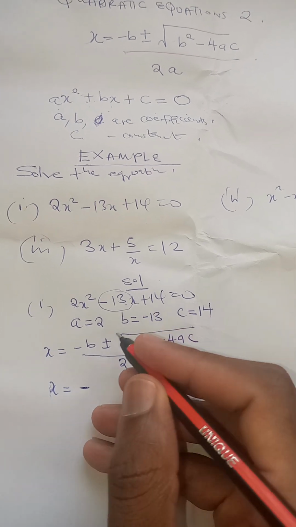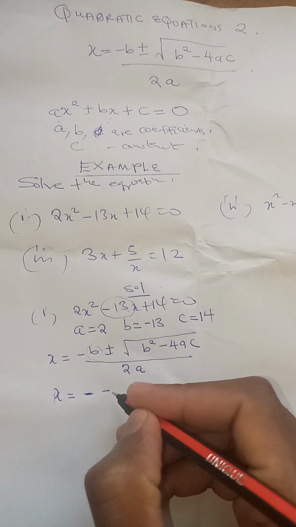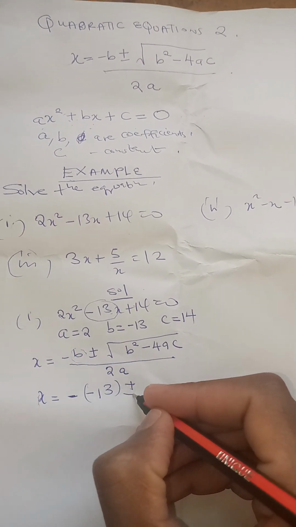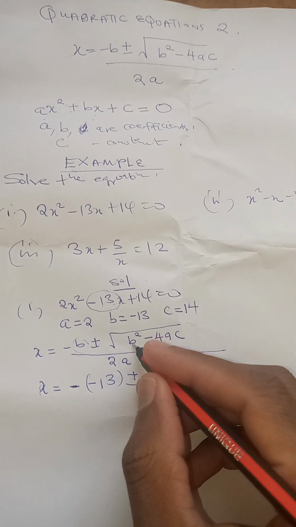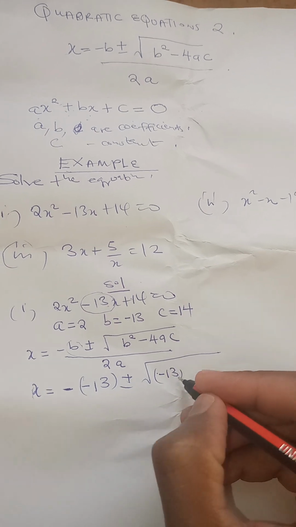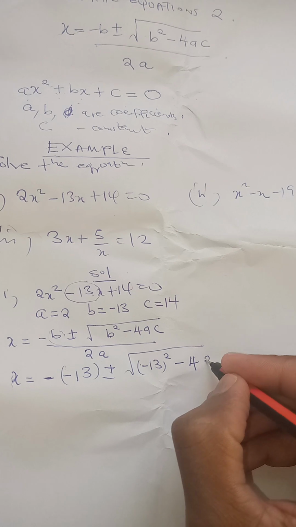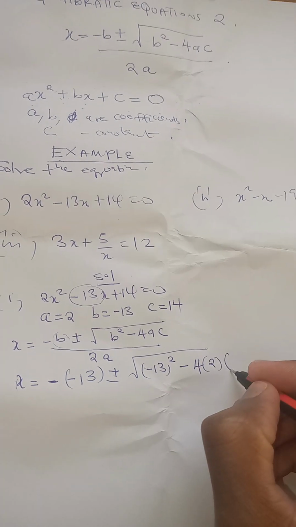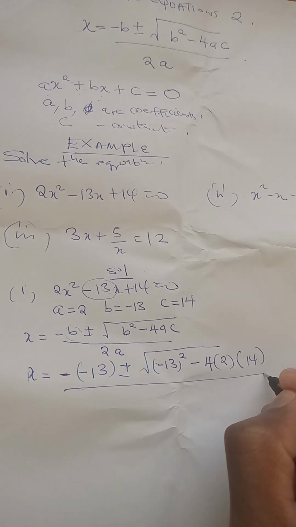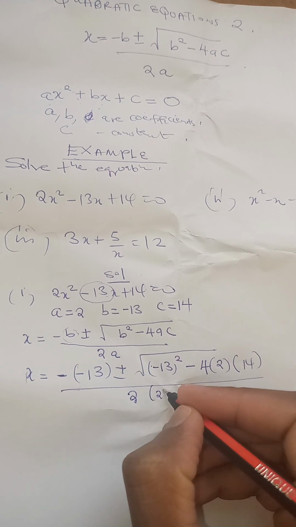No, this negative 13 is for this part here. So we say negative 13, we put it in brackets like that. Good. Plus or minus the square root. So we have b there again, so we have negative 13 squared minus, for what is a is positive 2, what is c is 14, then everything there over 2, what is a is 2, like that.